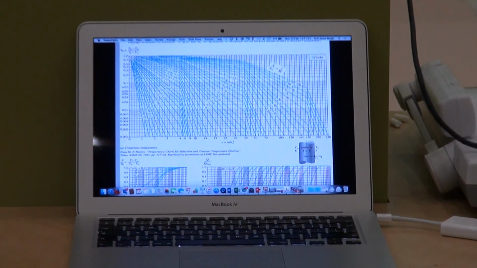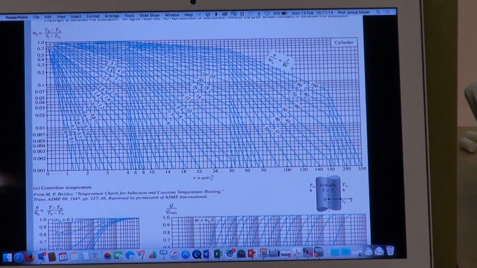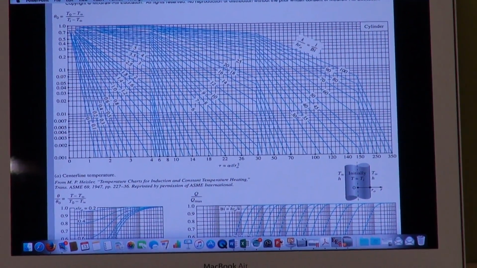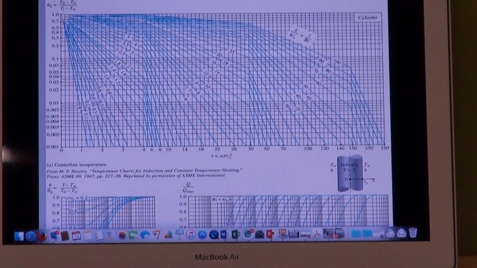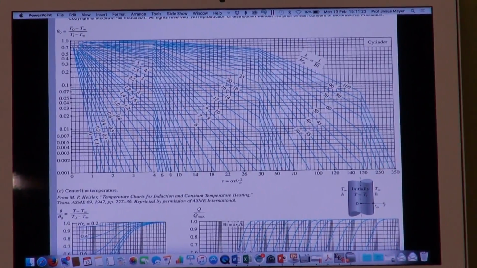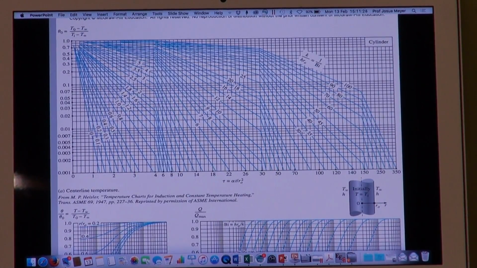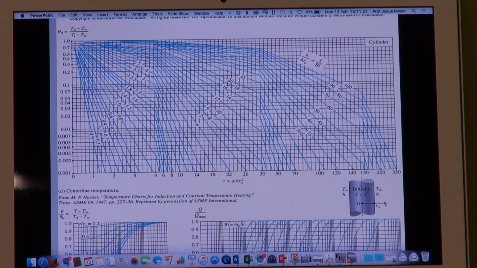And Tamron, if you can zoom in on that for us. So there's figure 4.18. Take note of the sketch there. It gives you everything that you want. It tells you exactly how you should calculate the Biot number and the non-dimensionalized time for that geometry.